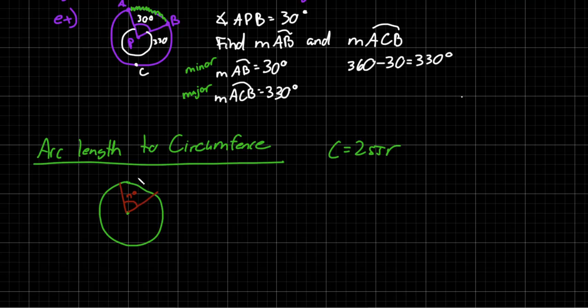Okay, n degrees. An arc length is s. So s equals arc length. I'm sorry if I keep calling it arch. n degrees is just the central angle.